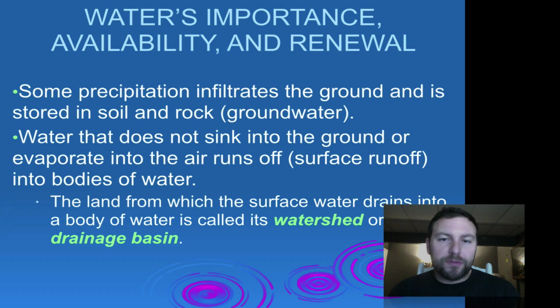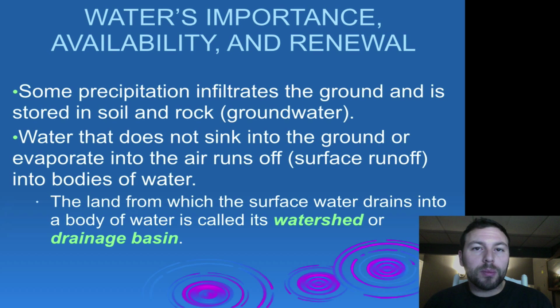There are a number of different ways that water will basically make its way into the ground and travel. And we're going to talk a little bit about those as soon as the diagram comes up, where we can really look at the little parts of the water cycle a little bit more and how water really moves. Water that's stored in the ground is known as groundwater, pretty easy to remember. Water that does not sink into the ground is going to be known as runoff or surface water.